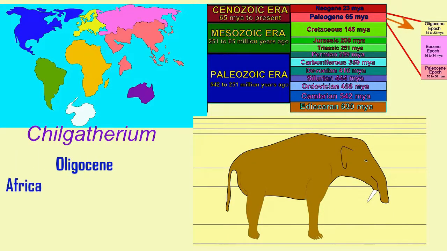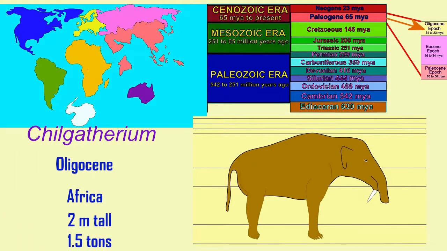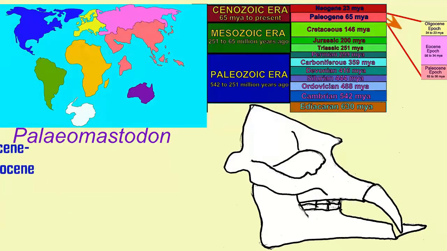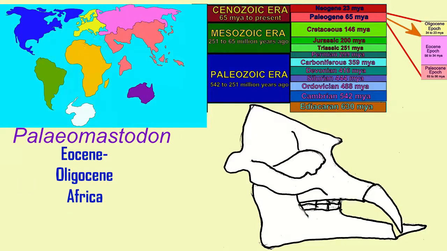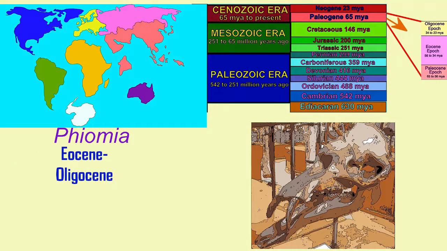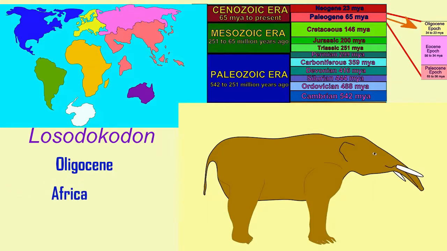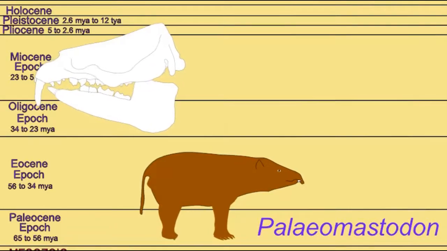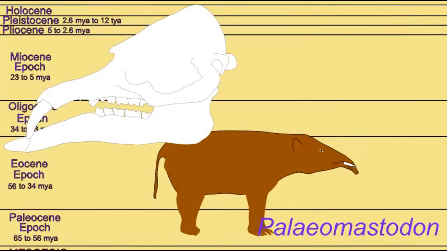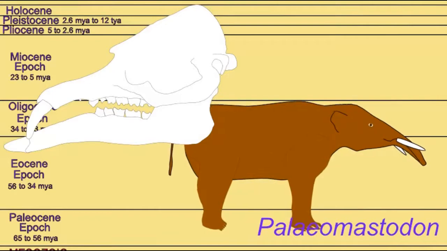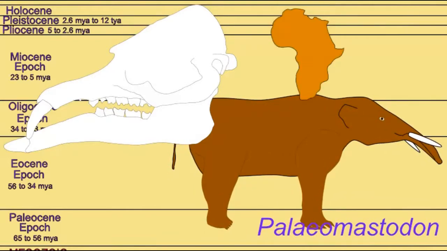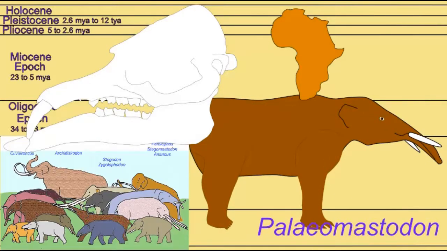And the group which would include the modern elephants, elephantiforms, had produced a few early members, such as Palaeomastodon and Phiomia, which were both limited to Africa, and the earliest of the mastodons, also limited to Africa, Losodokodon. And so during the Paleogene, elephants evolved, diversified, but at this point were limited to Africa.